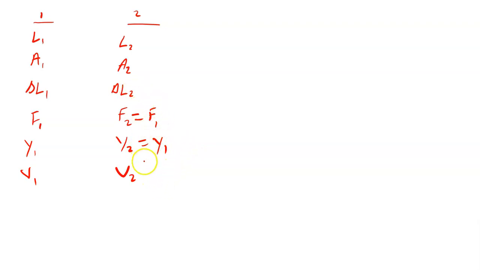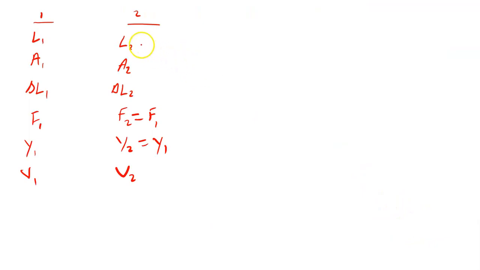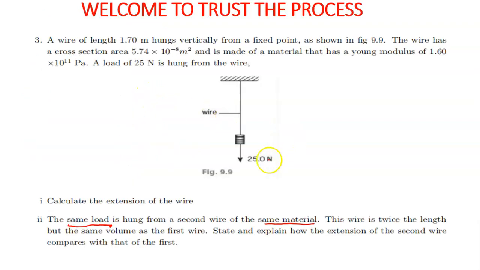And then they are also telling us this wire is twice the length of the first wire, meaning L2 is equal to 2 L1. Okay? And then they are also saying, but the same volume.